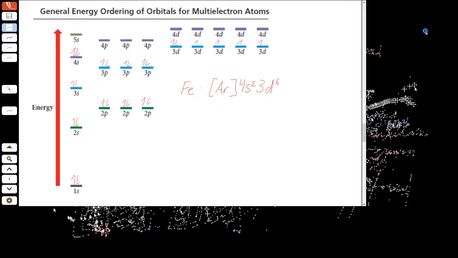Then we go back over to here, and so what are we then filling here after we do the 4f? 5d, yeah. The d block here is always one level lower than whatever the s is that you just filled, whatever the period number is. So we got the 6s, the 5d, and the 4f for those really heavy elements.